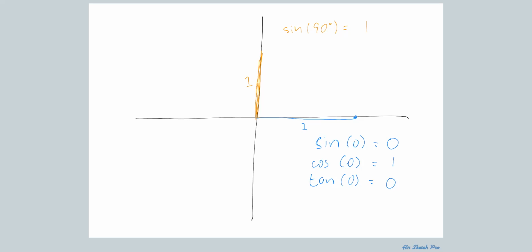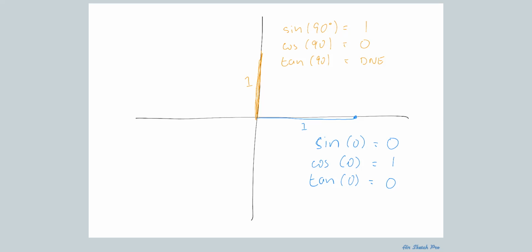It's 1 unit straight up. So the sine of 90 is 1. What's the cosine of 90? 0. No run. What's the tan of 90? I'll give you that one. Do you know what DNE stands for? It's not a real value. It's got infinite run.